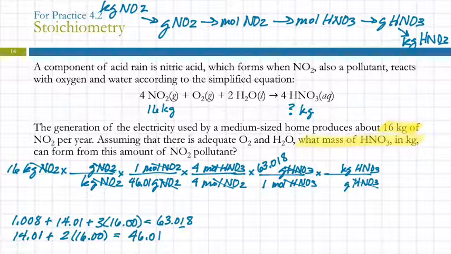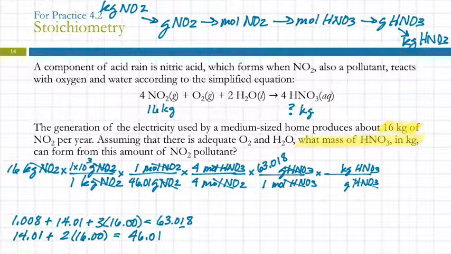How do I convert kilograms to grams? What does kilo stand for? Times 10 to the 3. Kilo makes it bigger. So here I have 1 kilogram on the bottom. I could write 1 kilogram on the top, but that's not going to do me any good. I'm going to write what it means, 1 times 10 to the 3. So this is 1 times 10 to the 3 grams.